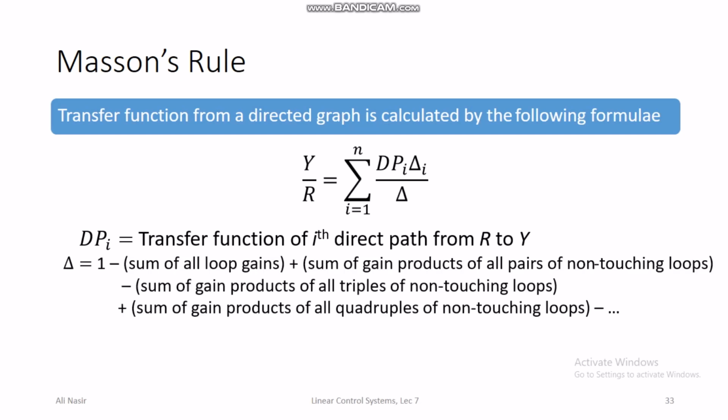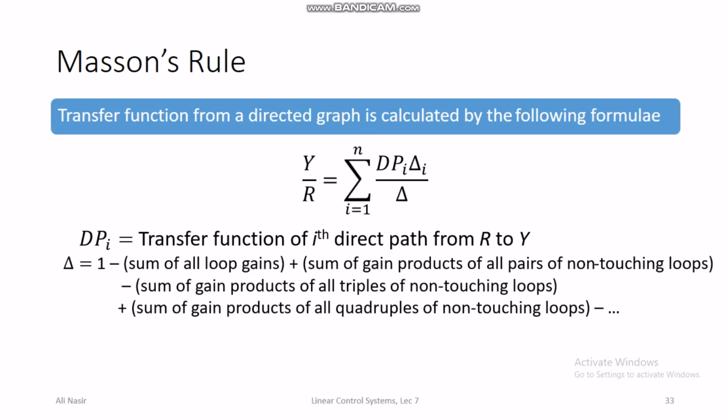Then delta is 1 minus sum of all loop gains plus sum of gain products of all pairs of non-touching loops. So this we have seen in the last example that we did, that there were two non-touching loops, and in the denominator there was 1 minus sum of all loop gains plus gain product of the pairs of non-touching loops. So there was only one pair in our example.